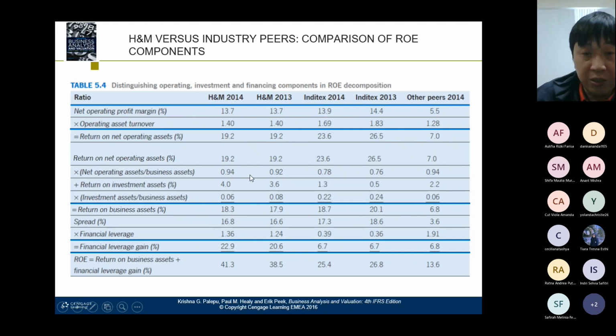So you can check. This is a new way to decompose your ROE.